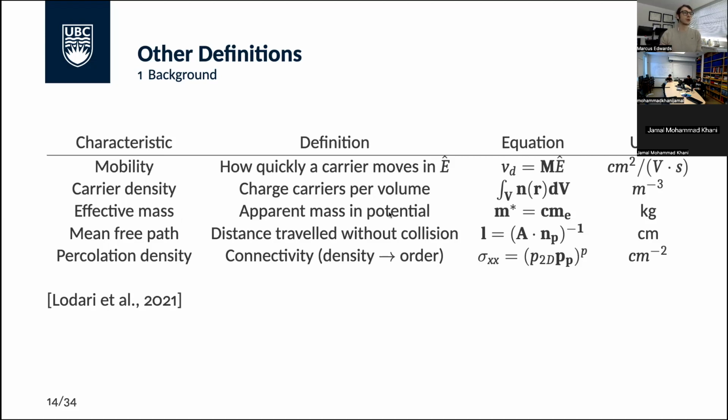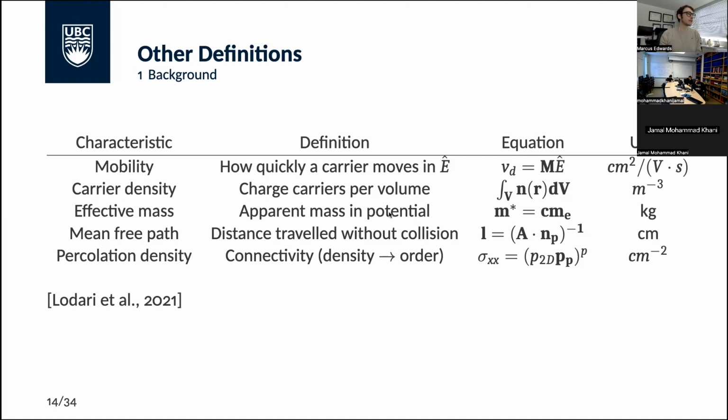Instead, we consider m star, and m star helps us simplify our equations so that instead of accounting for all of the electrons and nuclei and all of the interaction terms that we would have in a dynamical equation describing the motion of our particle, we instead just represent our particle as though it has a different mass, and this mass changes in order to summarize the effects of the crystal as a whole.